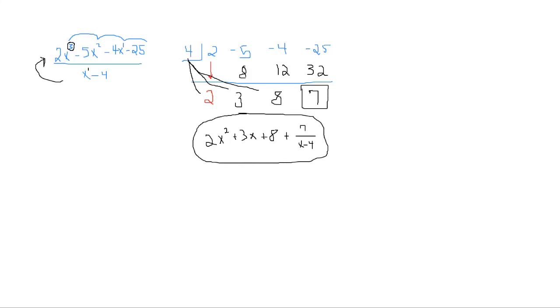And of course, x cannot be 4. How come x cannot be 4? Because we can't divide by 0, and if x is 4, we would have a 0 in the denominator. So the final answer is 2x squared plus 3x plus 8 plus a remainder of 7 over x minus 4. That takes care of the first problem.